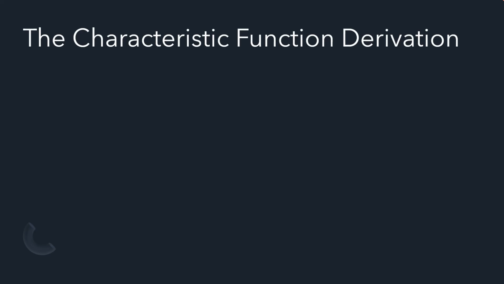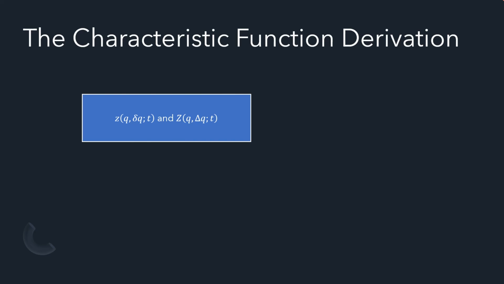So, when we were doing the characteristic function derivation, we used only one symbol for the characteristic function, which is the one presented here on the left, and it depends only on lowercase delta q.